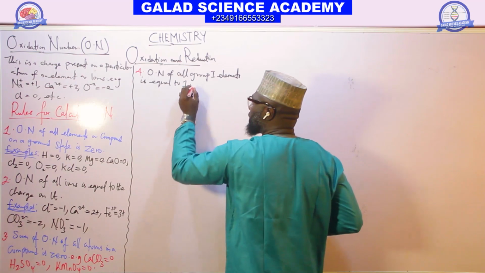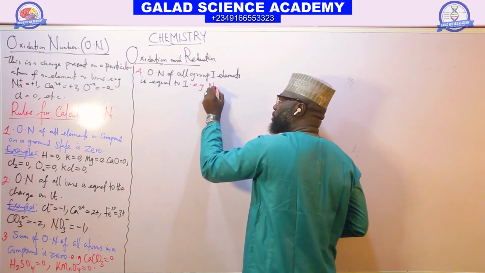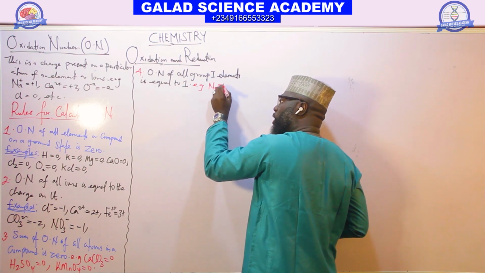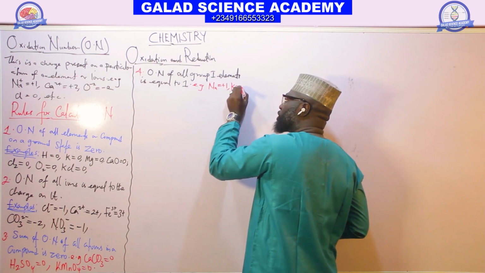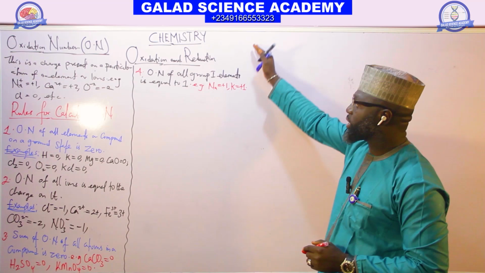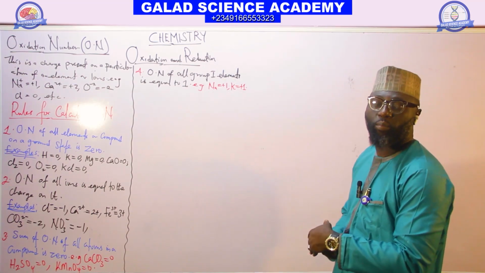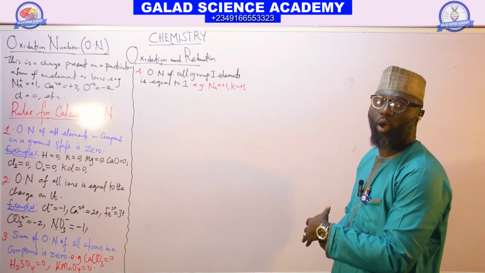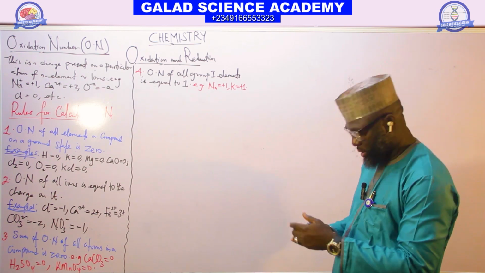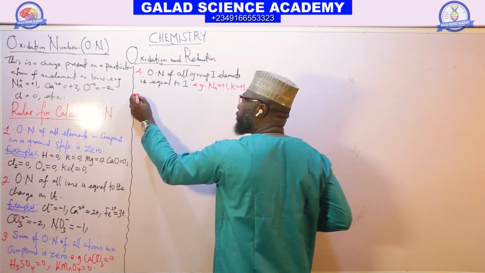For example, sodium is equal to +1, potassium is equal to +1, cesium is equal to +1. All group 1 elements are equal to +1.